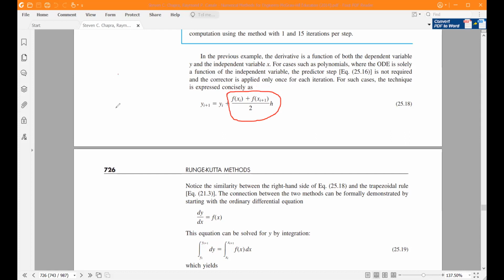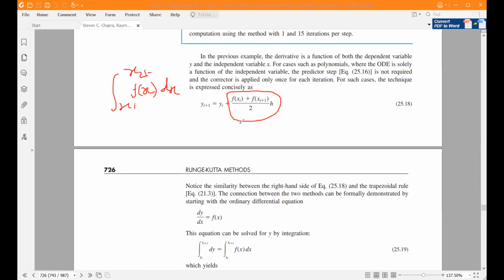Because if we have an integration, for example, with limits x1 to x2, and this is what your function is, because by solving our differential equation we are simply integrating it between two times, within an interval x1 and x2. For the general case, you can say this is i and this can be i plus 1.